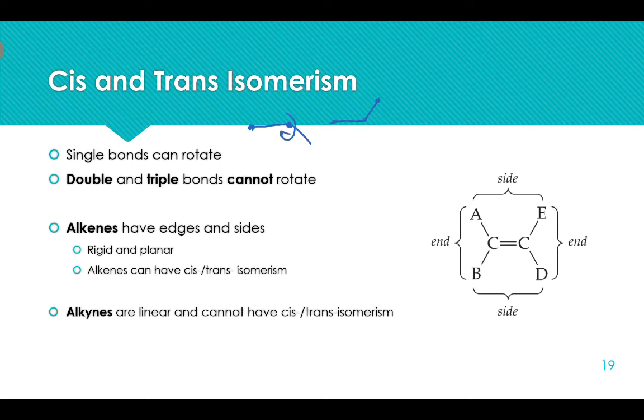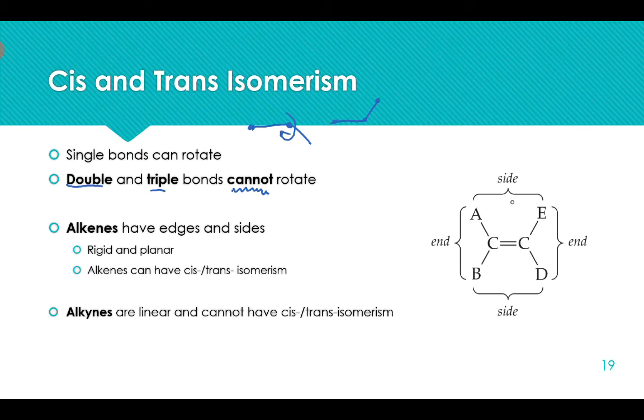But if you put two fingers together like a double bond and try to rotate your hands, then your fingers get all twisted. Double bonds and triple bonds cannot rotate. They are fixed in their locations. Since they cannot rotate, there's some different isomerization possible for alkenes.